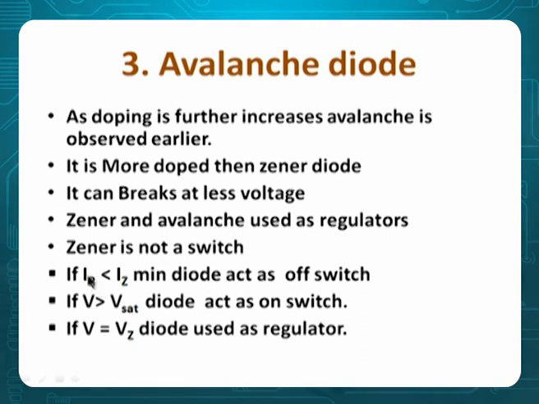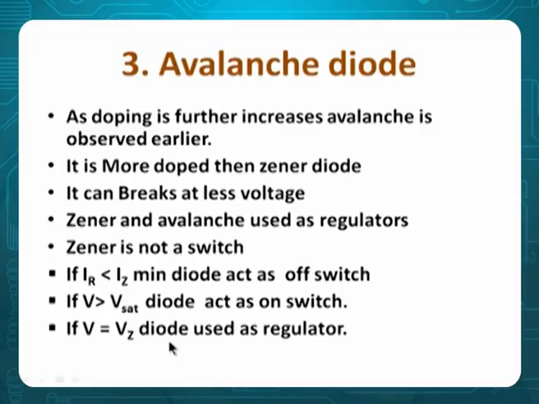So if IR is less than IZ minimum, the diode acts as an off switch. That means if the breakdown has not started, it is an off switch. After breakdown, it can act as an on switch even in the forward direction. So ultimately, Zener and avalanche can be used as regulators.